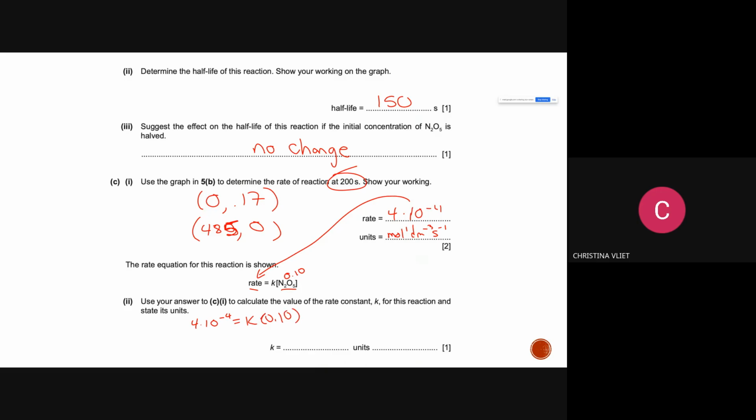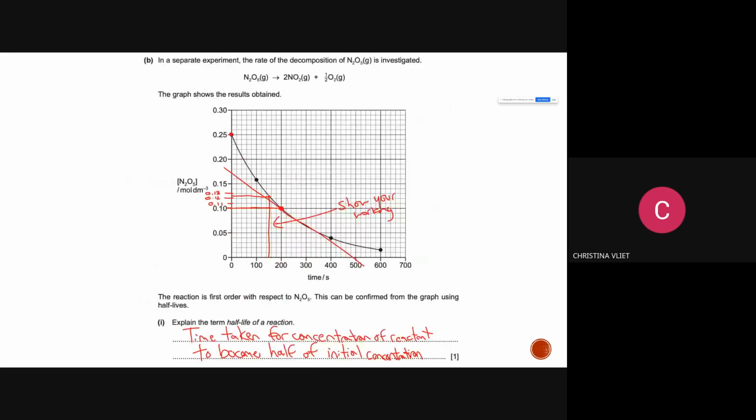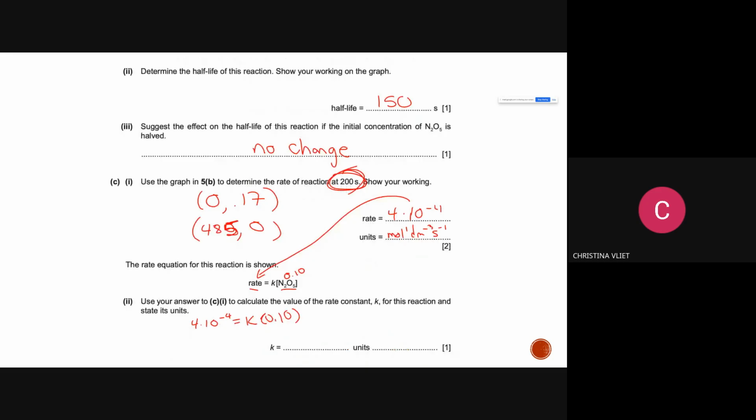I'm just making sure, does everybody know how I got 0.1? At 200 seconds, that's where we got the rate, and the concentration was 0.1. That's why we're using 0.1 for the concentration. And so it would just be 4 times 10 to the negative 4 divided by 0.1. It's first order, so it's 0.004. And the units are?